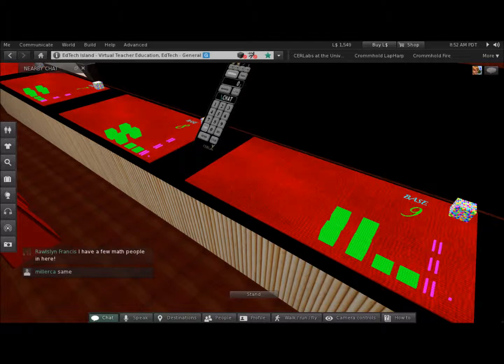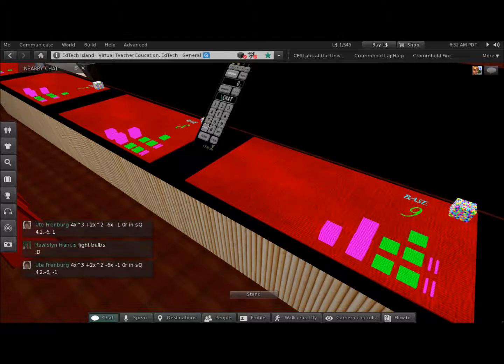We'll do one more, and then we'll wrap it up. Oops, I took out the negative. Okay, there's one more for you.